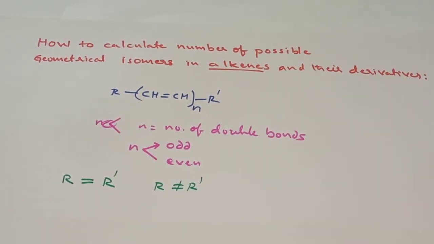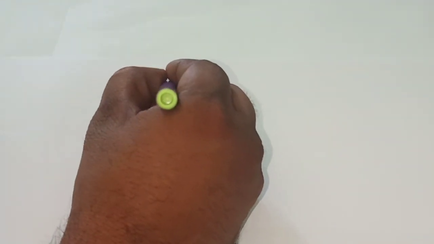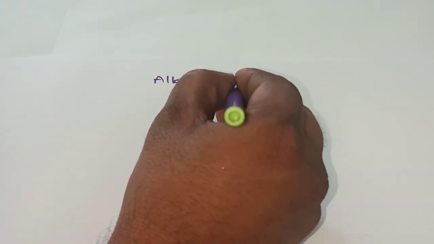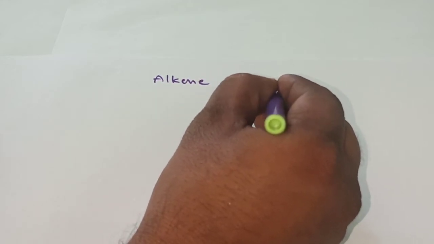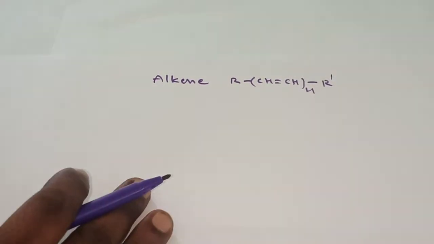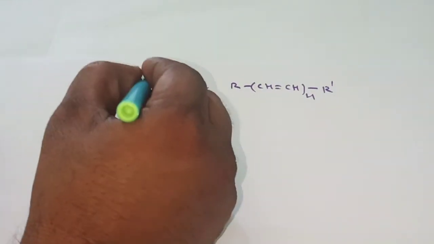Now let's see how to calculate the number of possible geometrical isomers here. Suppose we are taking an alkene like this. How are we representing this alkene? We are representing it as R-CH=CH taken n times, R prime. As I told you, we have two cases.